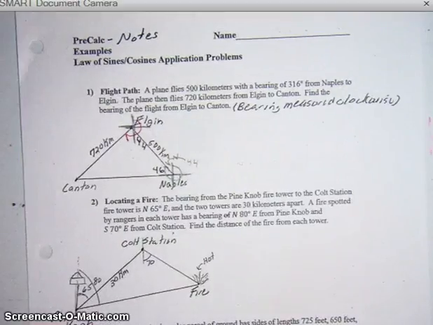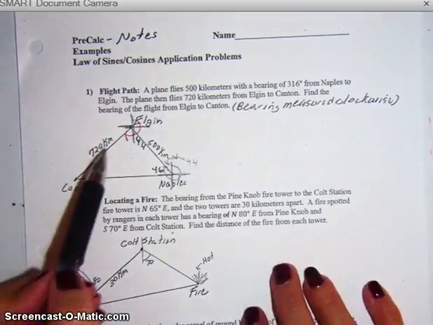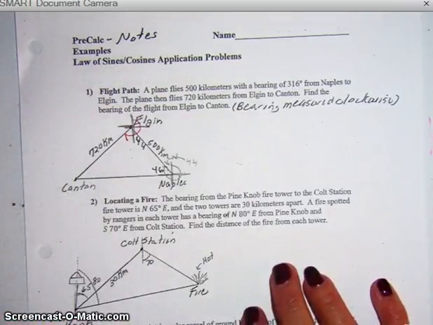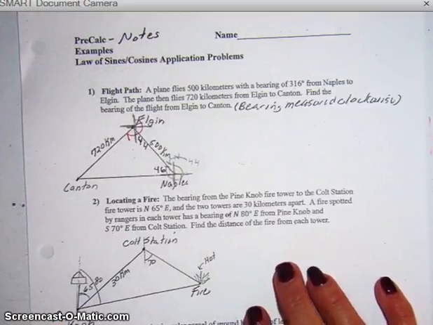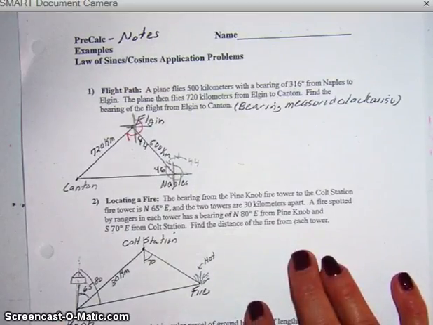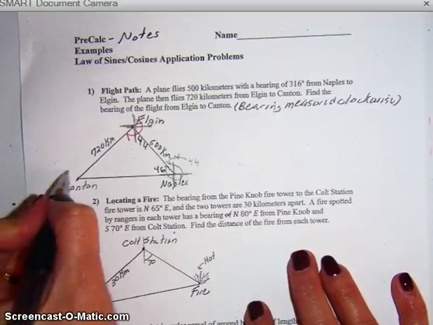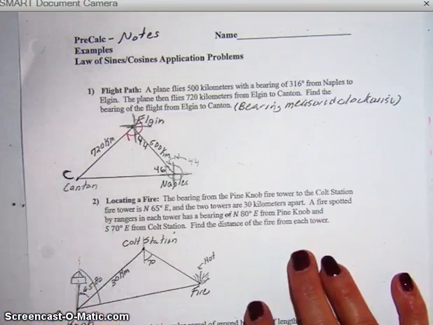So what law do we use, guys, for SSA? Law of sines, okay? And this is actually big S, little s, a, so that's a good thing. All right, set us up in law of sines. Anybody want to set us up? We're going to call this angle big C. So we're going to find angle big C. Can somebody set us up?